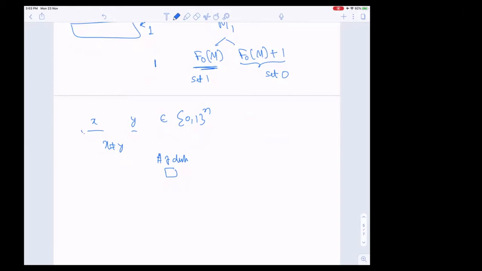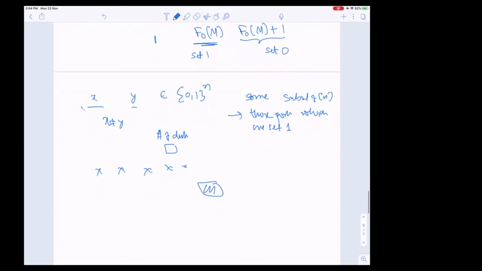You can think of x and y in {0,1}^n as basically some subset of [n], the characteristic vector can be looked at as a subset. I fed them and got this. Now I fed another one.